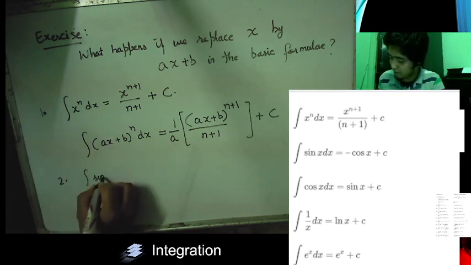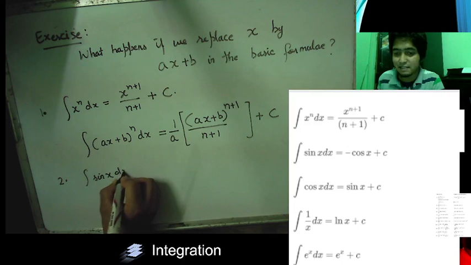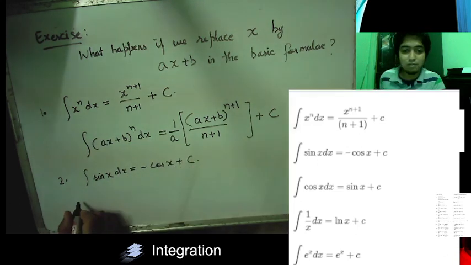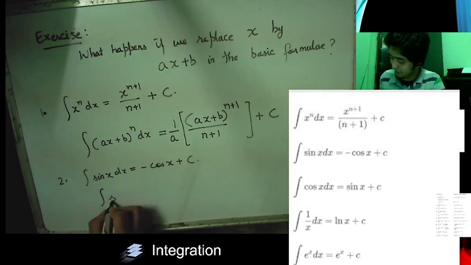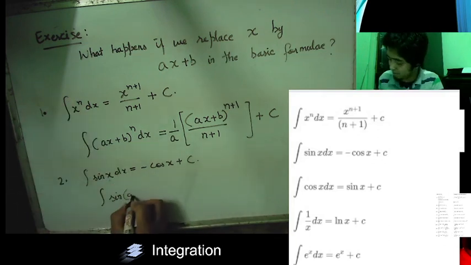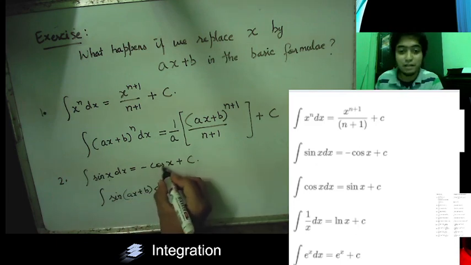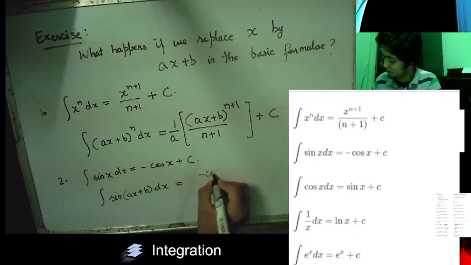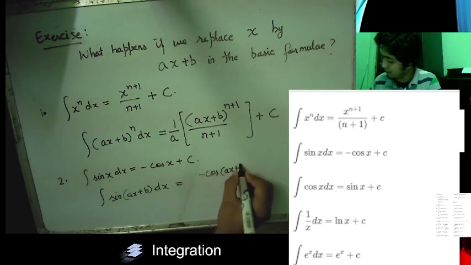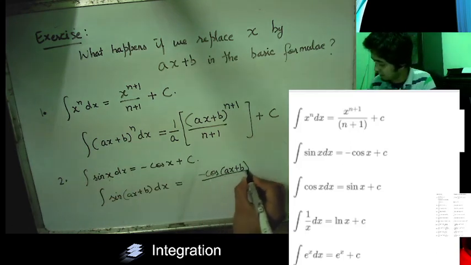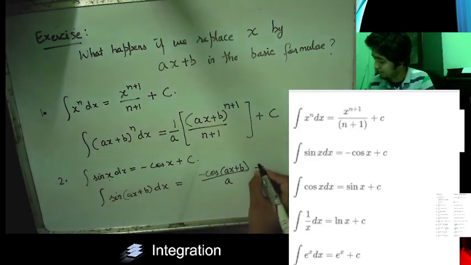Similarly, we have the integral of sine x dx equal to minus cos x plus c. So if we are integrating sine of ax plus b, dx, of course we will still be getting minus cos of ax plus b, but remember that we have to divide the whole thing by a, plus c.